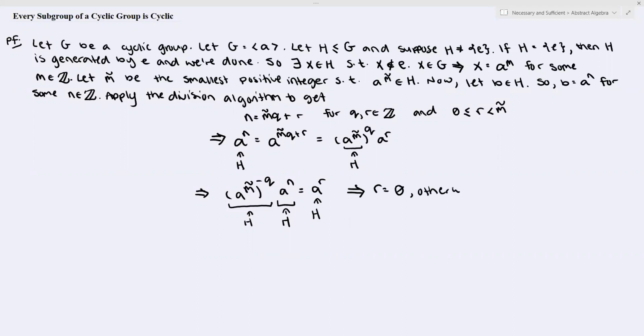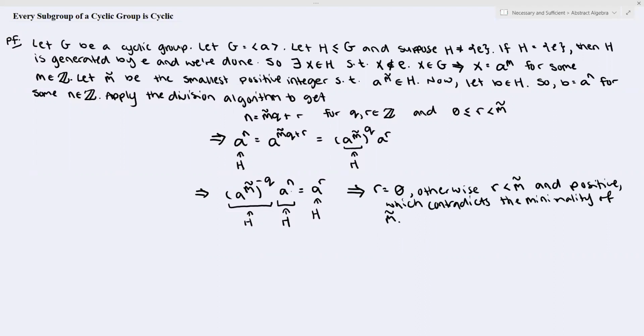Otherwise, R is strictly less than M tilde and positive, which contradicts the minimality of M tilde.